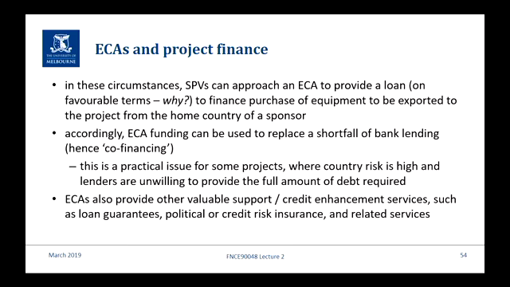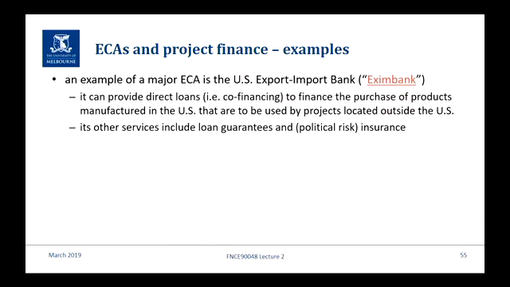The risks associated with dealing in other countries. Now, we're going to look at guarantees and political and credit risk insurance in more detail when we look at risk and mitigation over the next two weeks. A major example, or one of the main ones, is the US Exim Bank, Export-Import Bank.